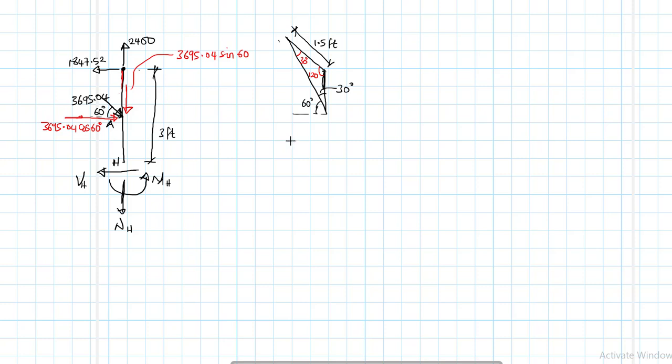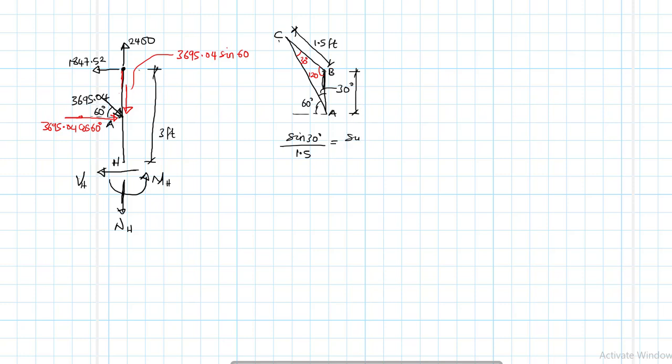Okay. So we have sine 30 divided by 1.5. Let me call this length. This length, we already know it. I mean, this is B. This is BA. Okay. This point is C. So this is going to be equal to BA.